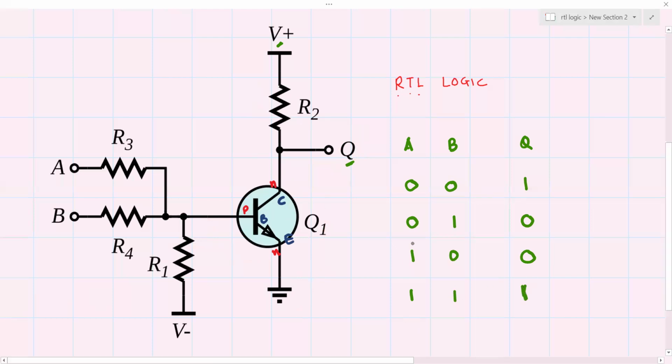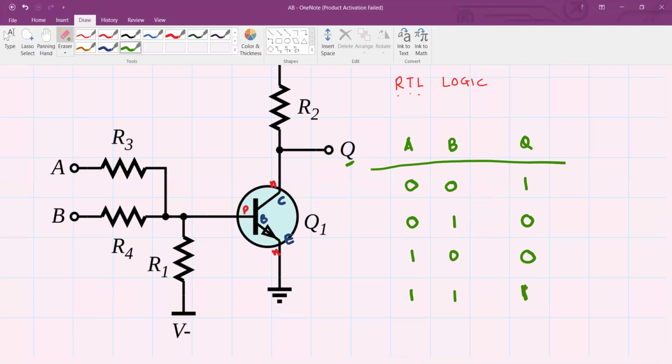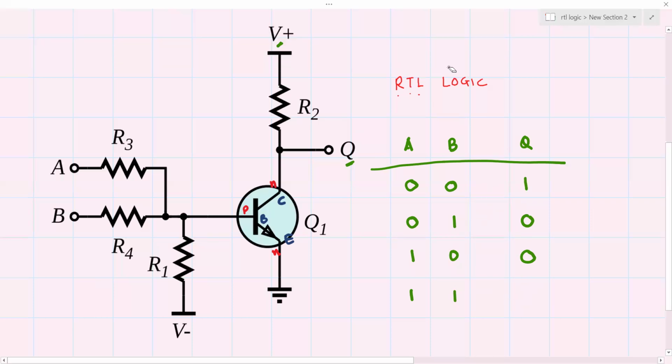So if you observe this truth table, this logic is 0 actually here. Let me write here very well. This logic is 0. Don't get confused.